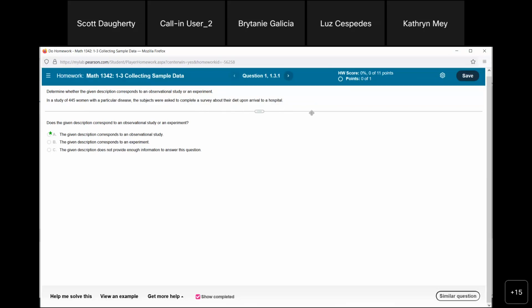They didn't actually treat them with anything. It's not like they took them and divided them up into 2 different groups and treated one group with something and left the other group alone. So this is not an experiment. All they're doing is collecting data. They're observing the information they get about these people. That's it. So it's an observational study.